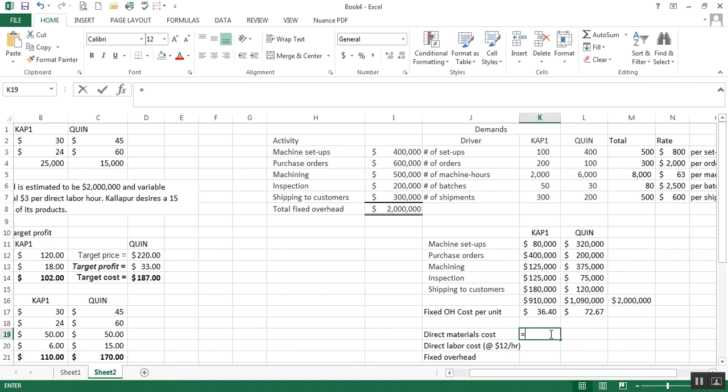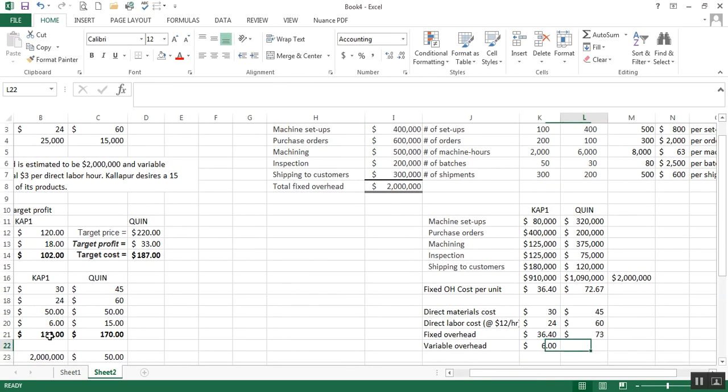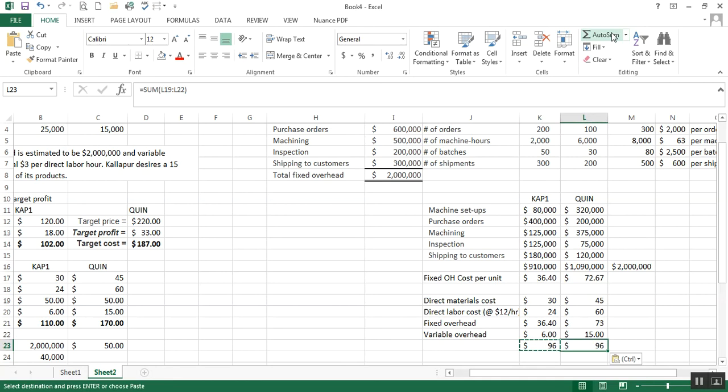Our fixed overhead is going to come up from up here, which we just calculated. And our variable overhead is the same as before, based on number of hours. And now we have our total product cost.